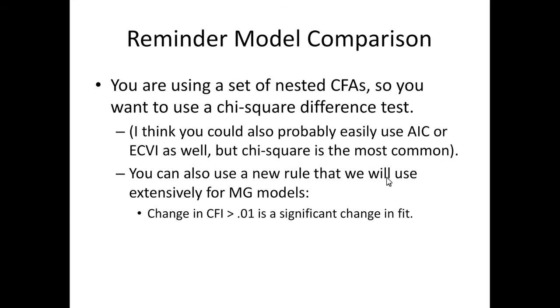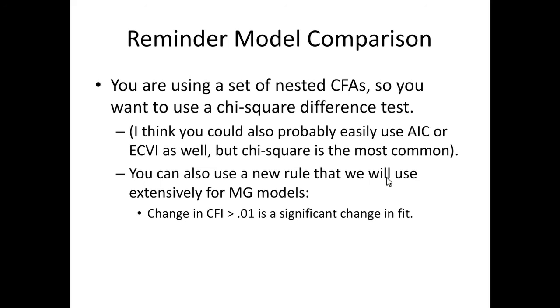Okay. So with model comparison, this is basically a set of nested CFAs. These are definitely nested. We're just changing the path coefficients or deleting paths. So we can use that chi-square difference test. That's probably the most popular.